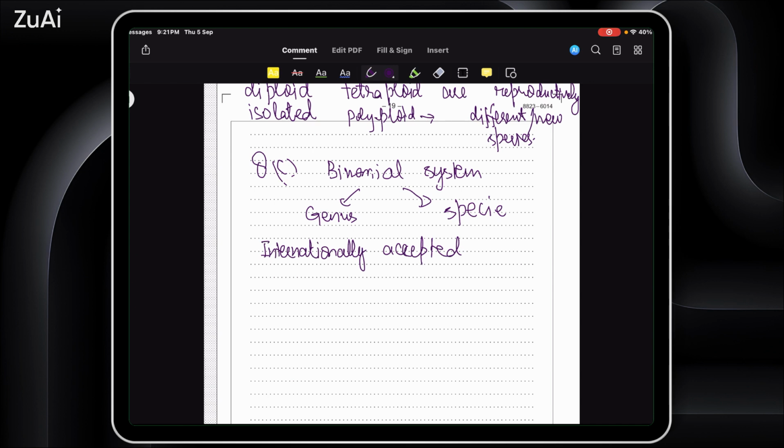So genus indicates the most closely related species, and species indicates the species.